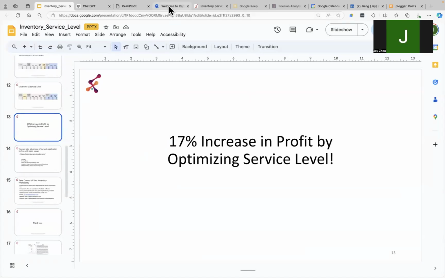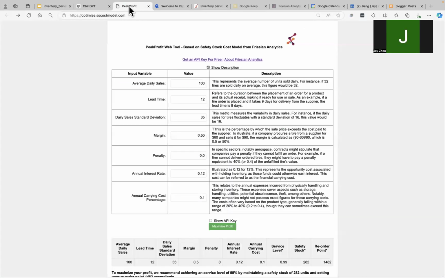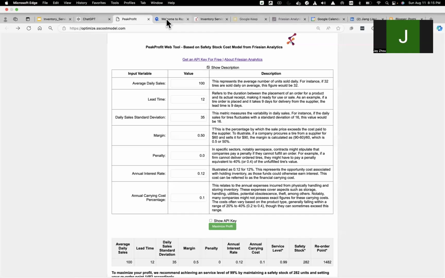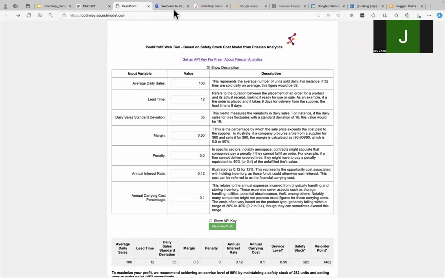And let me show you how this thing is priced. So here, if you go to this website, you can get an API key for free. Then you can take advantage of the free plan. You have 200 chances to use this, right? After that, you'll pay for the next plan, like $49, close to $50.